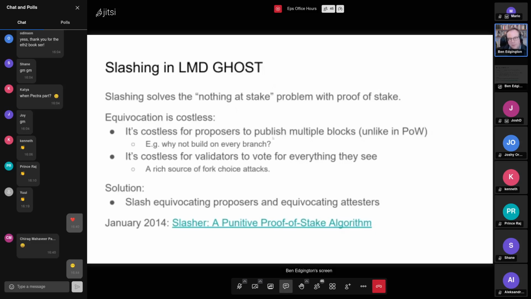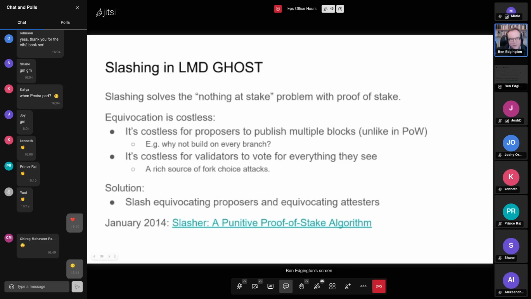It's costless for proposers to publish multiple blocks. So why not build on every head? Why do I need to choose one? I can just build on them all, and I'm guaranteed to be in the canonical chain. And also it's costless for validators to vote for everything they see, which is a rich source of attacks. So the solution to this is slashing.